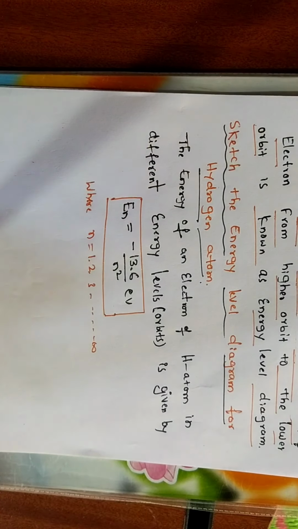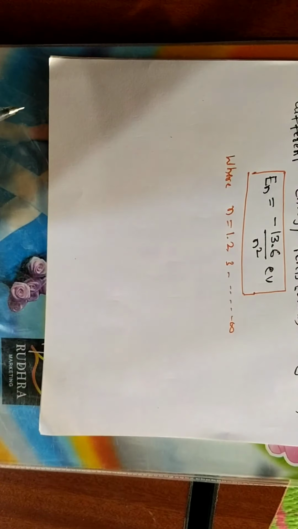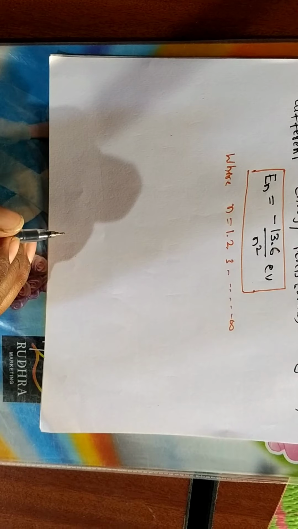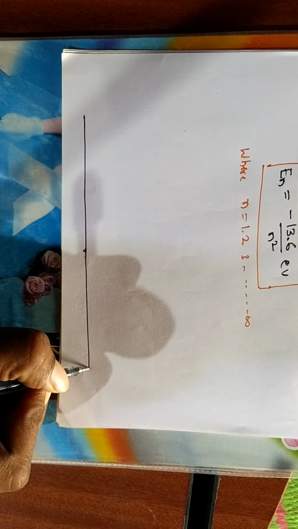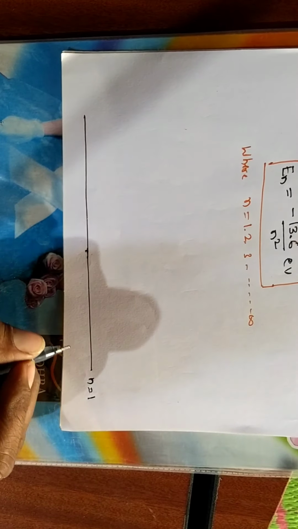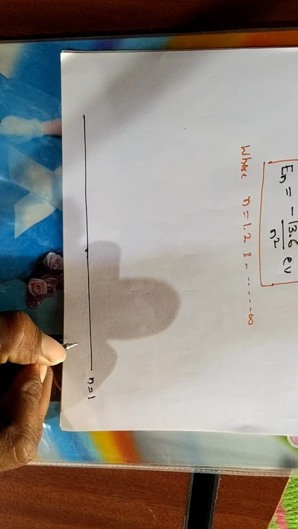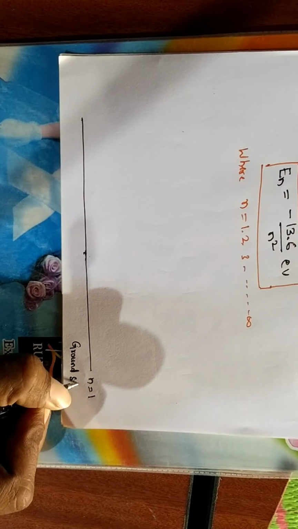Now, transition of an electron from a higher orbit to a lower orbit. Here, in the first line I am considering the ground state. This is called the ground state, n is equal to 1.